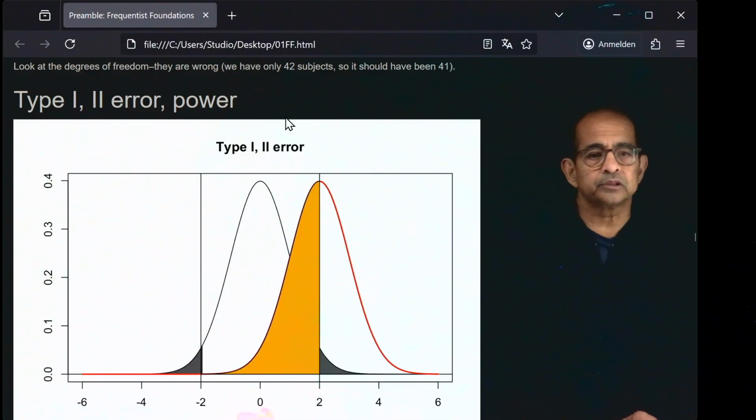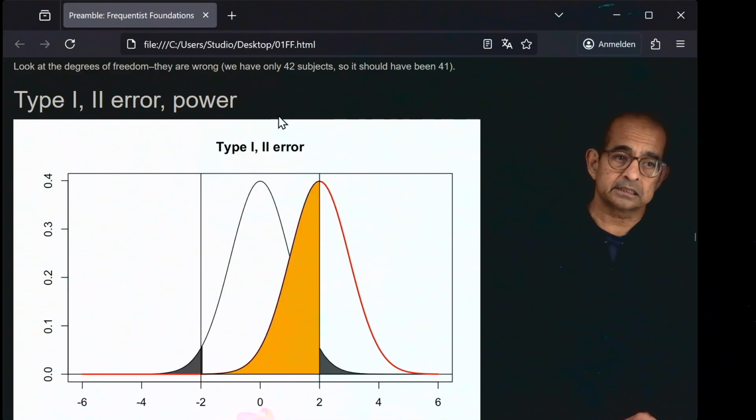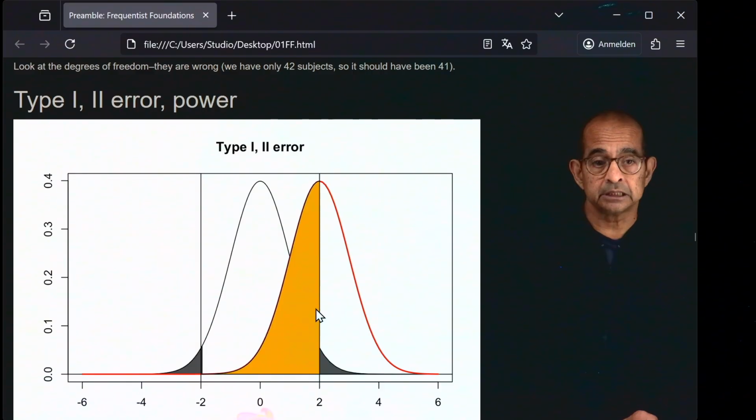The important thing to understand here is that if you carry out a statistical test where your statistical power is low, that means the orange colored region is large, your type 2 error is large. In that situation, you're in a very unfortunate position when you fail to reject the null.